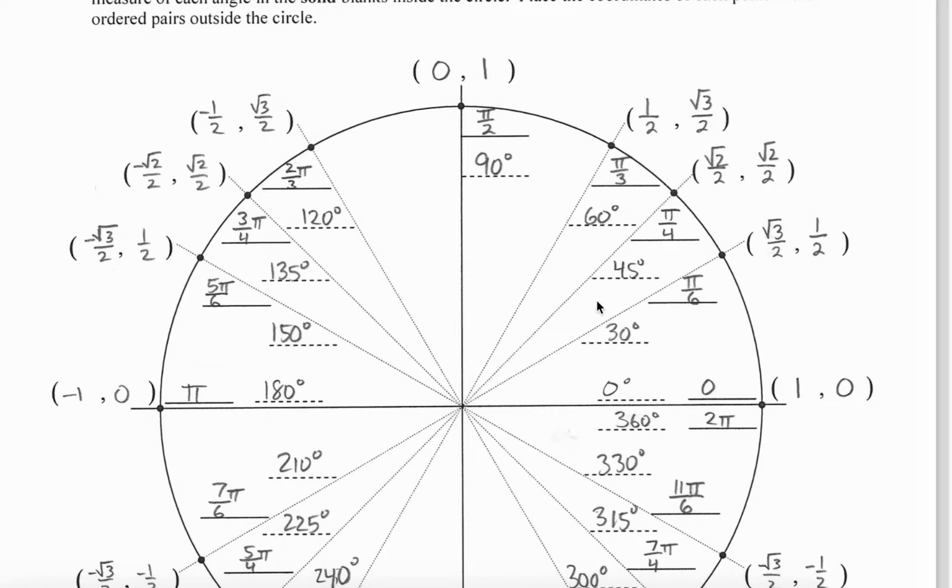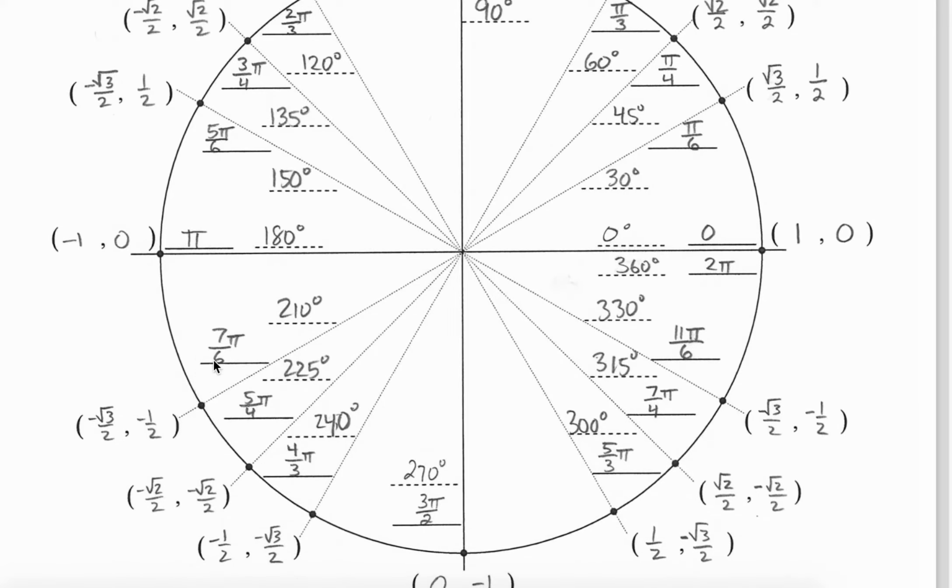All right, how do we count around the circle in radians? Well, we can think in fractions. If we start with 1/6 pi, and we just count by 6, well then up here would be 2/6, or 1/3. 3/6 would be 1/2. 4/6 would be 2/3. 5/6, and then 6/6 would be 1 whole pi there.